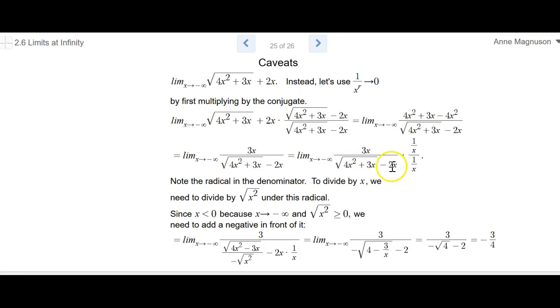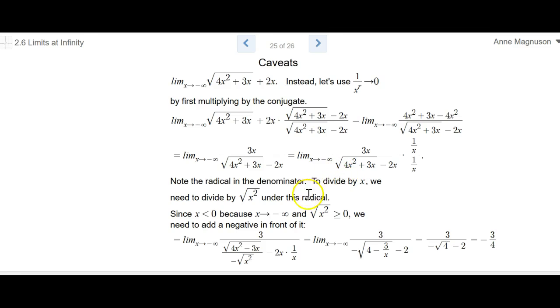So the highest power of x in the denominator is actually just x. It's not x squared, because notice this x squared is underneath this square root. So I'm going to use that trick again of multiplying numerator and denominator by 1 over x. But we need to be careful here, because notice that x is going to negative infinity.